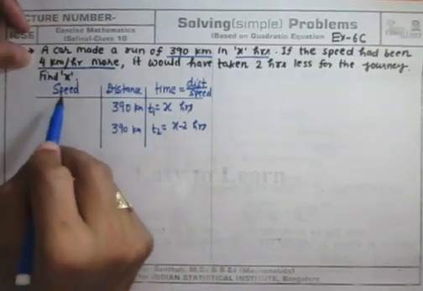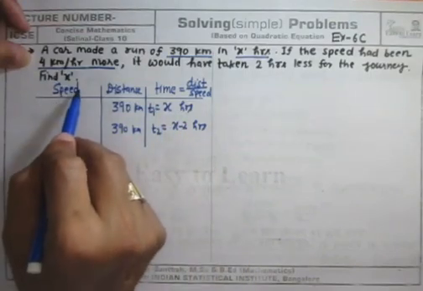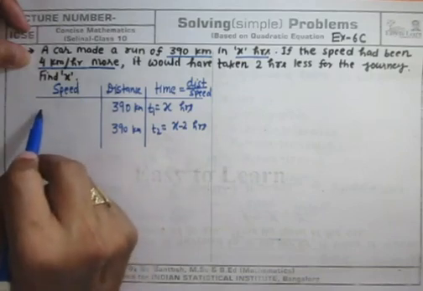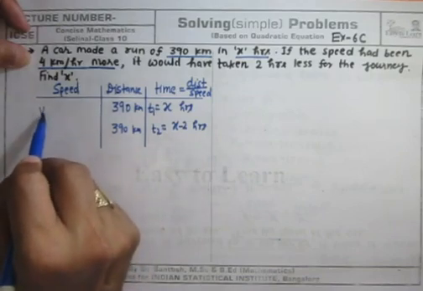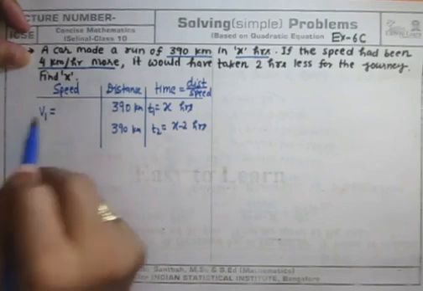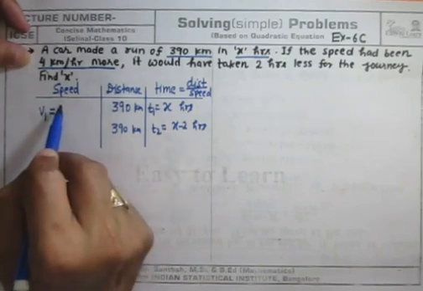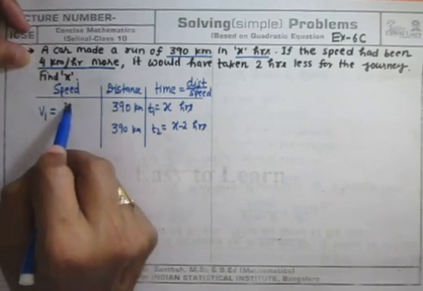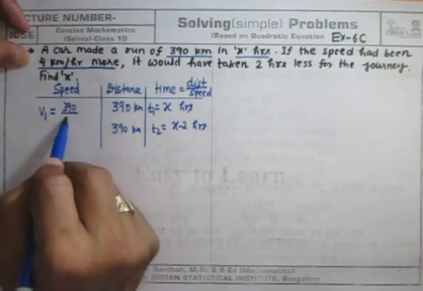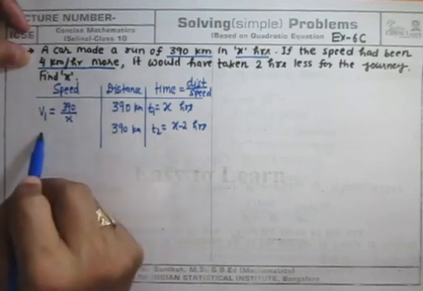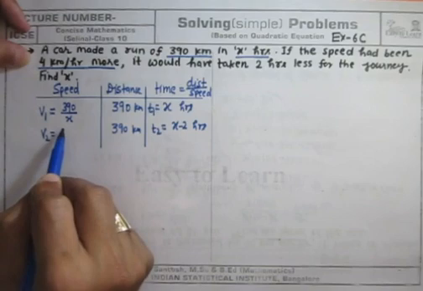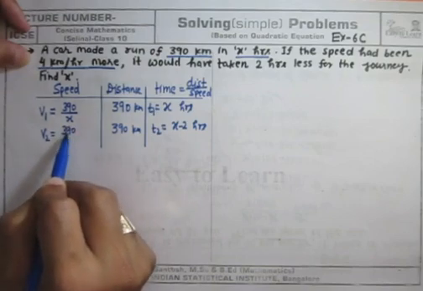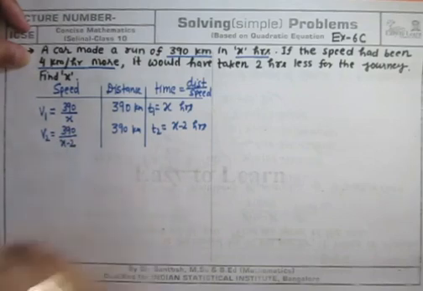Clear? So we can write speed in terms of x. Speed is distance by time. So here the first speed will be distance by time, 390 by x, and the second speed will be distance by time, 390 by x minus 2.